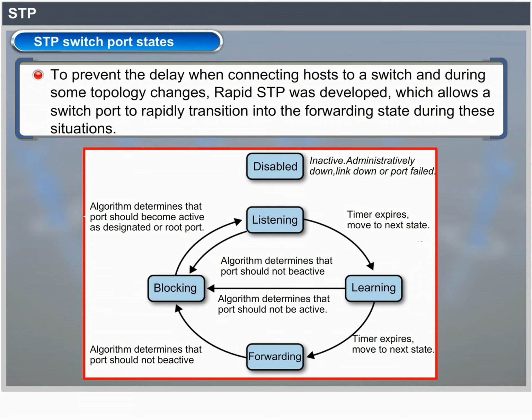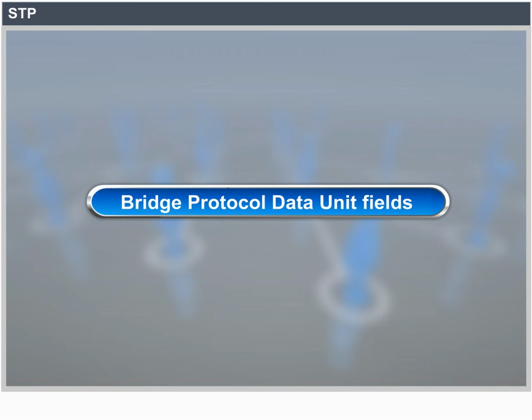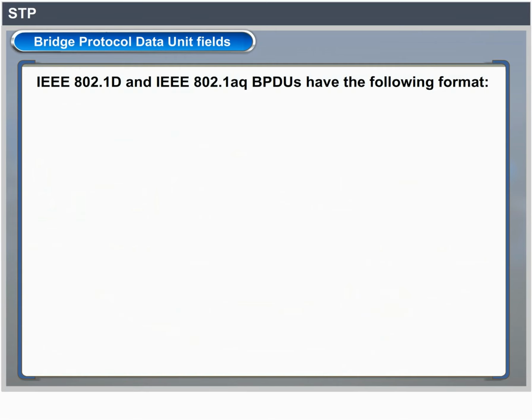Bridge Protocol Data Unit Fields. IEEE 802.1d and IEEE 802.1aq BPDUs have the following format. Number 1. Protocol ID, 2 bytes, that is 0x0000 IEEE 802.1d. Number 2.